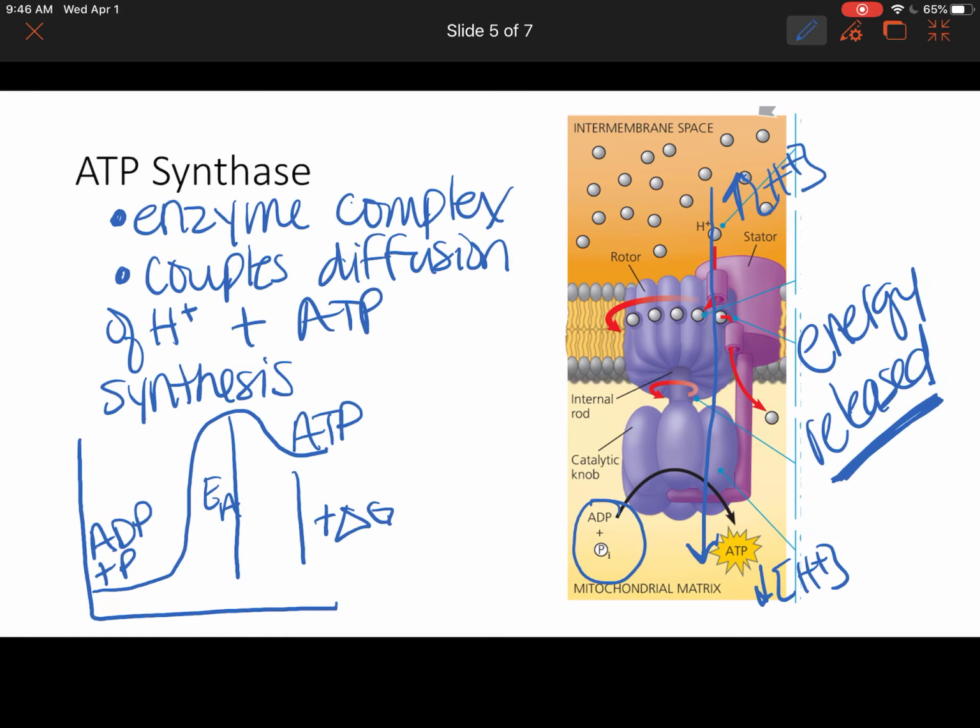That energy comes from the diffusion of hydrogen ions down their gradient. And that enzyme couples, remember, it links those two processes together. The diffusion of hydrogen ions that releases energy to the synthesis of ATP that requires energy.